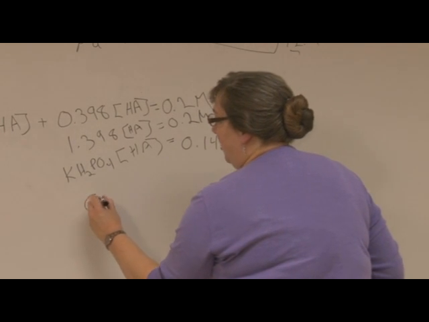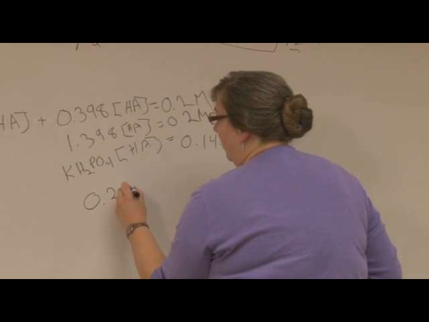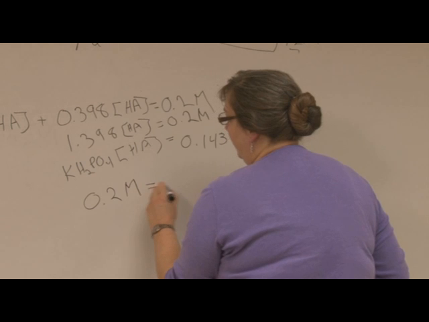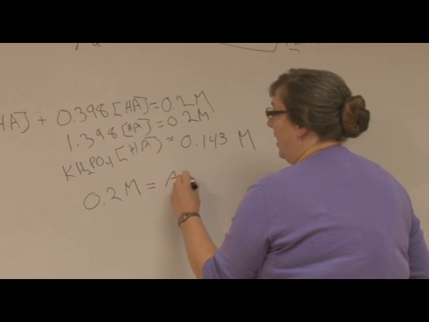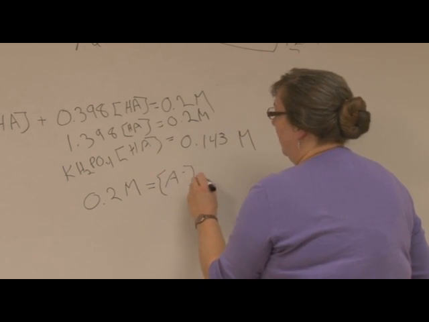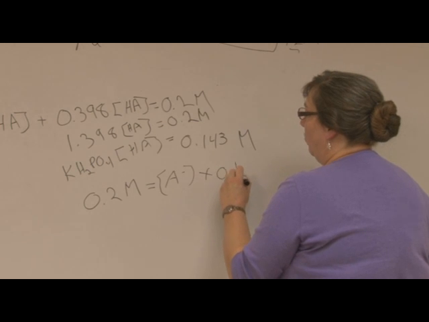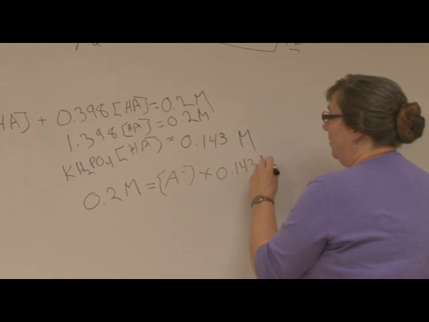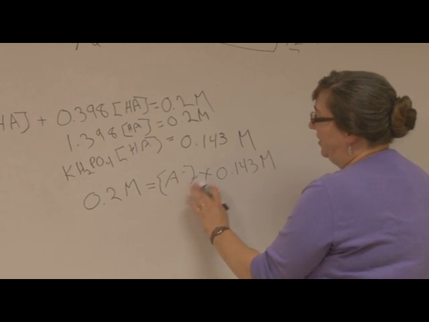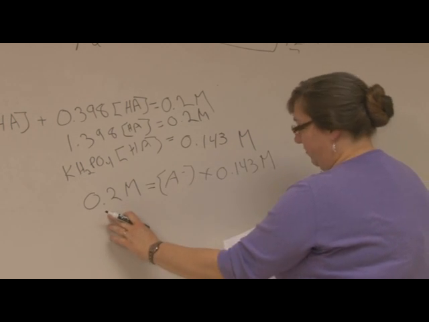So remember that we started with 0.2 molar, which is equal to A minus plus 0.143 molar. So we solve for A minus by subtracting this from both sides.